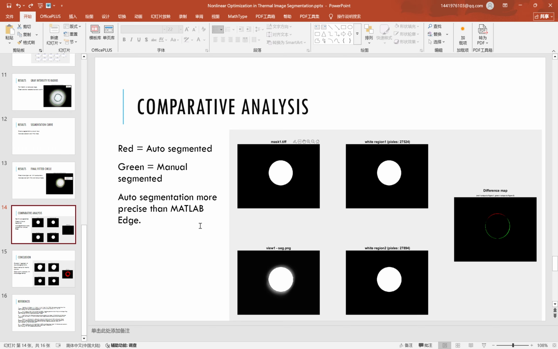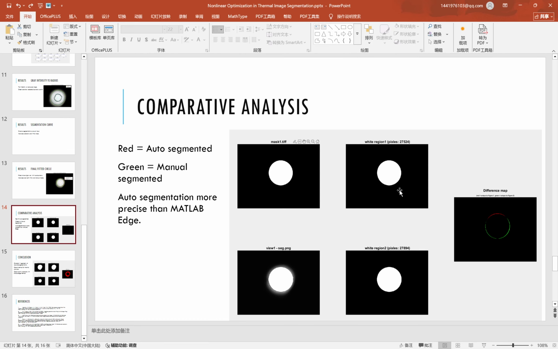So first we input the manual segmentation, and then I transfer it to a gray value picture, and subtract each region from the different outputs, meaning the auto segmentation and manual segmentation, and now we have the difference between them.